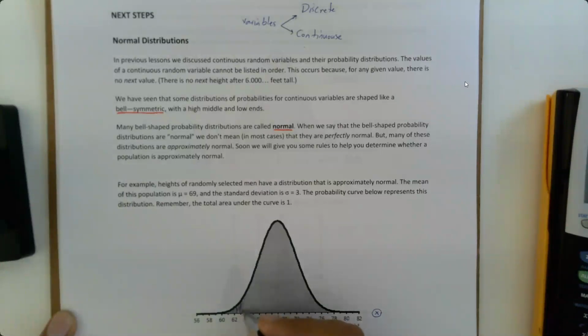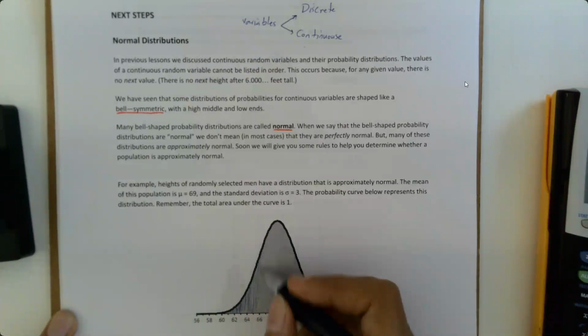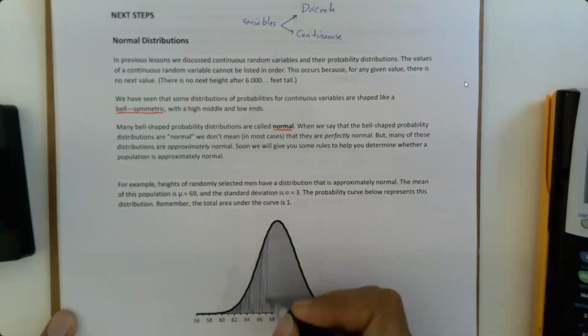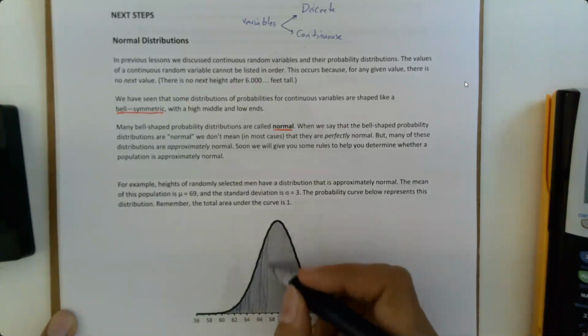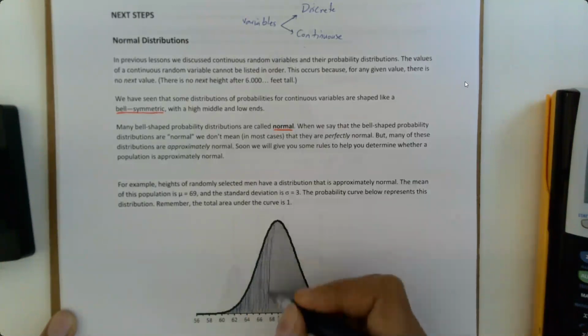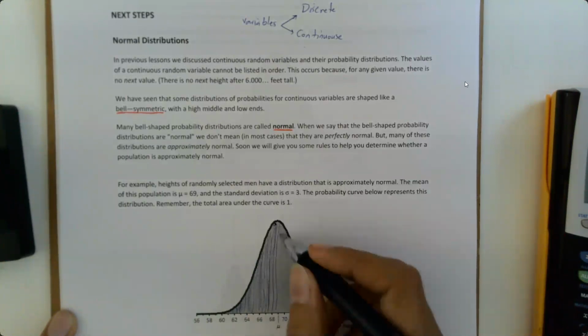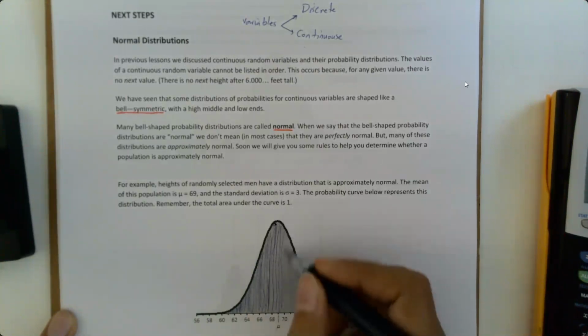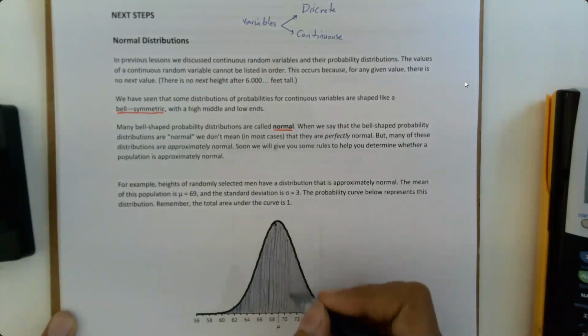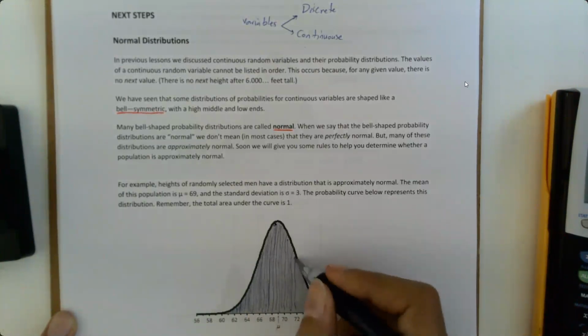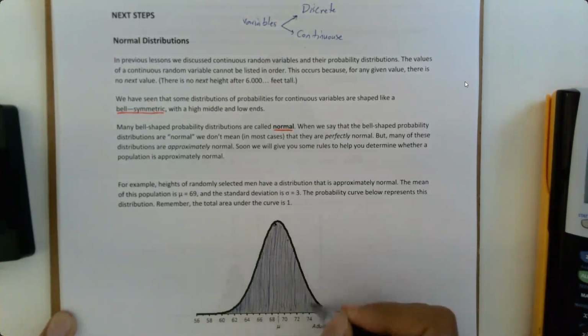But note that these are all frequencies for these x values. You don't see these bars anymore because they are very small. But what is below the graph are all frequencies, relative frequencies or probabilities for each of these x values.